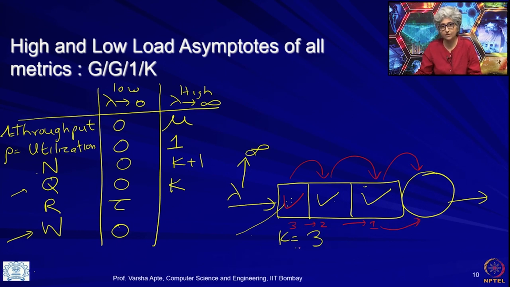Take an example: suppose tau is 5 seconds, or suppose I am standing in a real queue and tau is 5 minutes. Just when one person has left this queue, I will get a place here and the first service will start. For me to move from 3 to 2, it will take 5 minutes. Similarly, to go from position 2 to 1, it will take me 5 minutes. And to move from position 1 to starting my service, it will take 5 minutes.